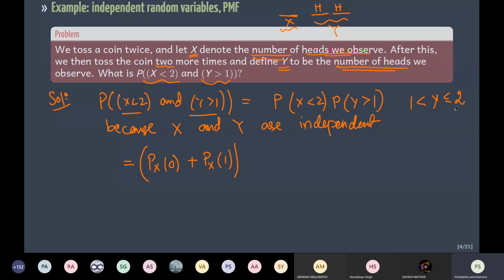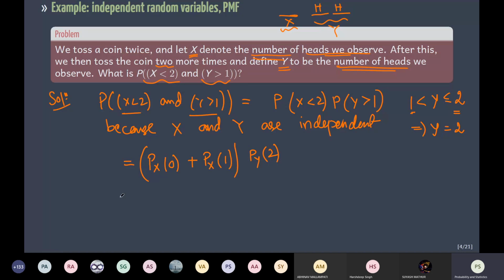So y is less than or equal to 2, but y is greater than 1, so this implies y is equal to 2. So this is the PMF, and y is equal to 2. So this is what we have.